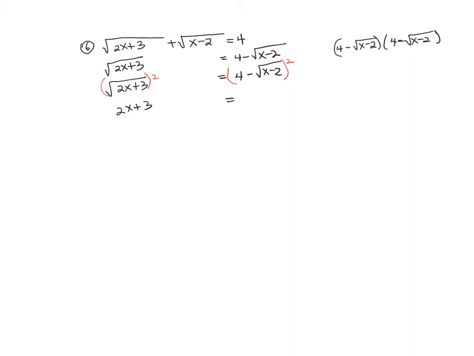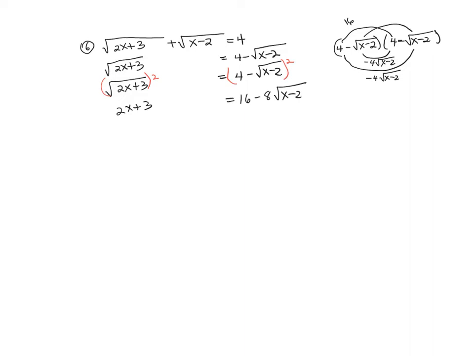If we look at that, the first terms give us 16. The outer term gives us negative 4 radical x minus 2, and the inner terms give negative 4 radical x minus 2. So far we have 16 minus 8 times the square root of x minus 2.